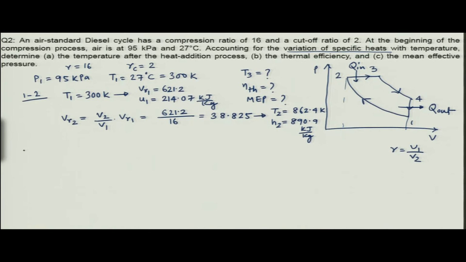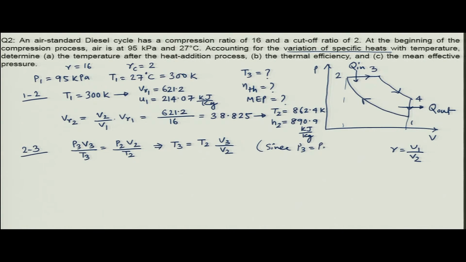Now, we will come to the constant pressure heat addition process. Here, for 2 to 3, I can write P3 V3 over T3 is equal to P2 V2 over T2. From this I can write T3 is equal to T2 multiplied by V3 upon V2, because P3 is equal to P2.